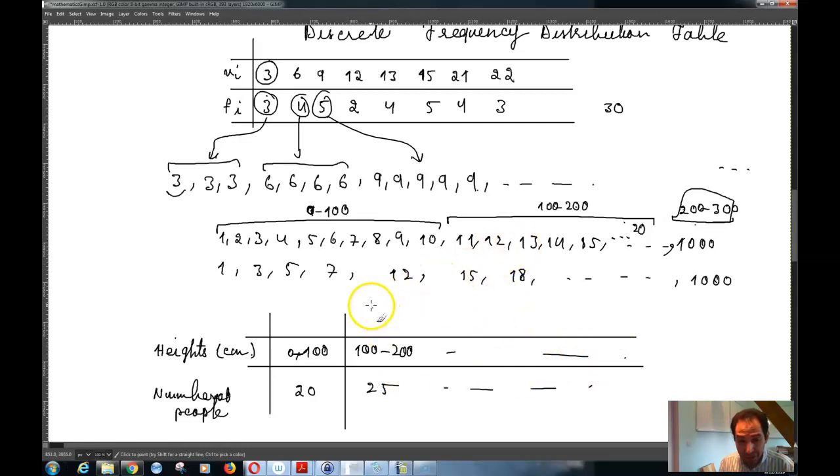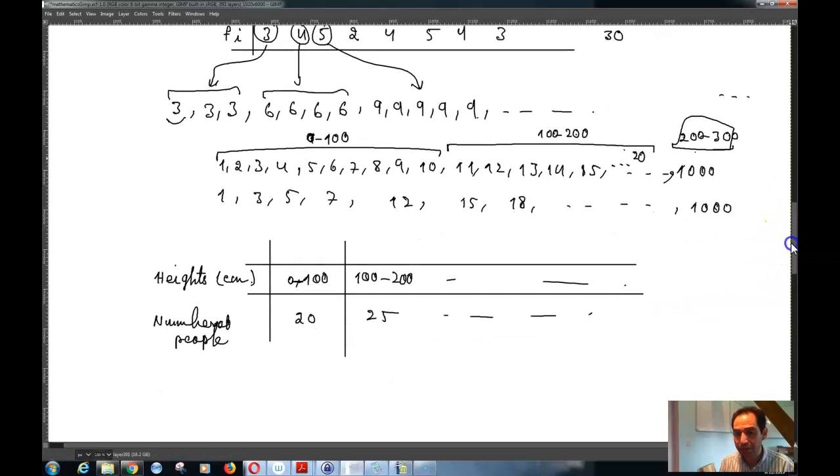This way of managing your data, or essentially this table, is called the continuous frequency distribution table.